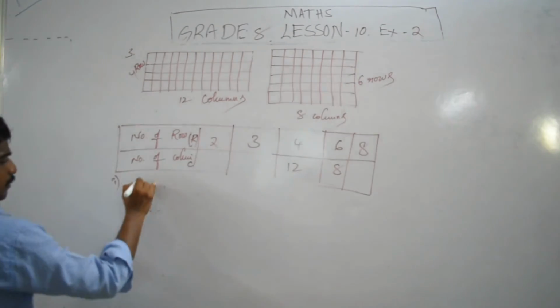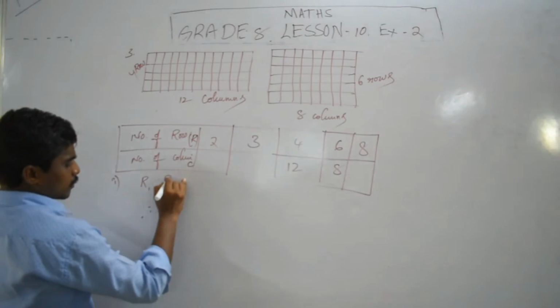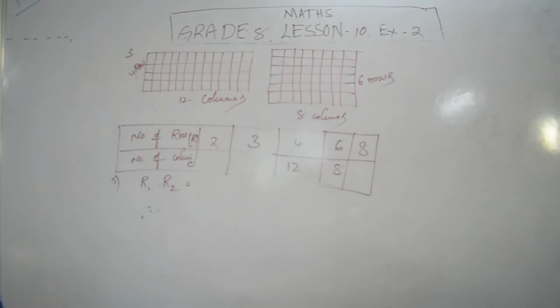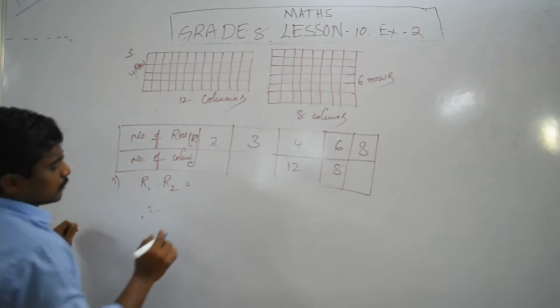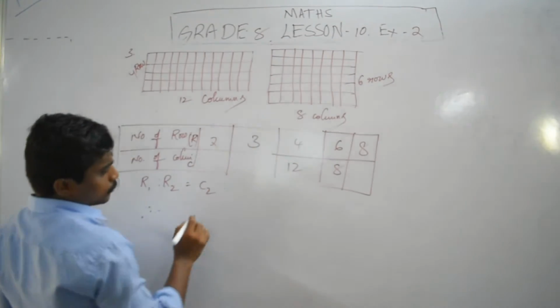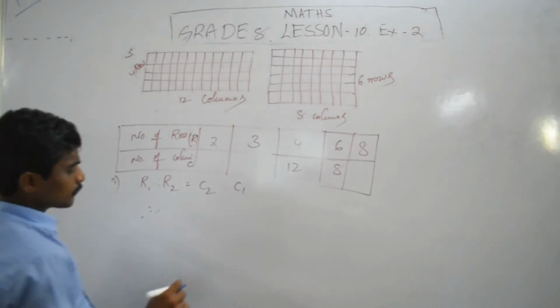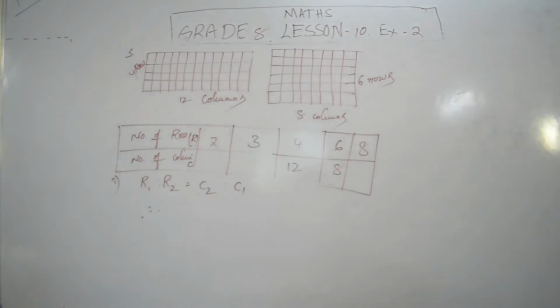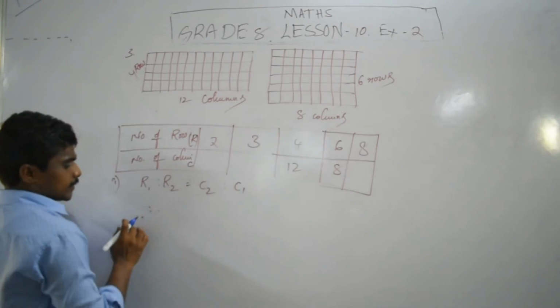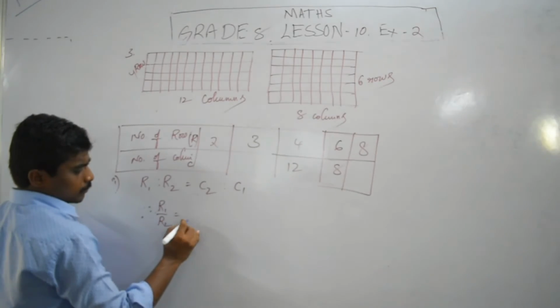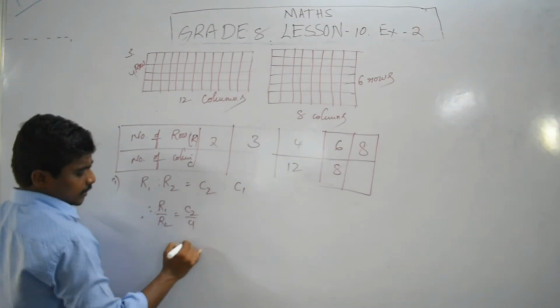R1 is to R2 is equal to C2 is to C1. How to write this? See, R1 by R2 equal to C2 by C1.